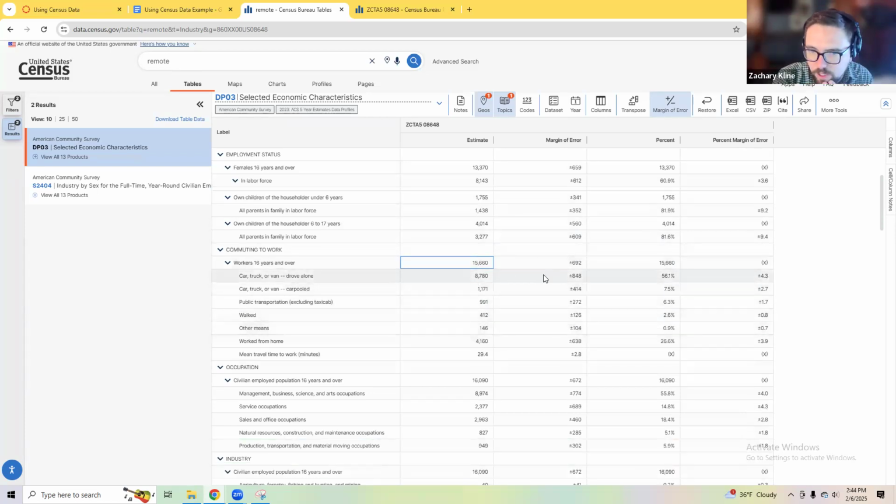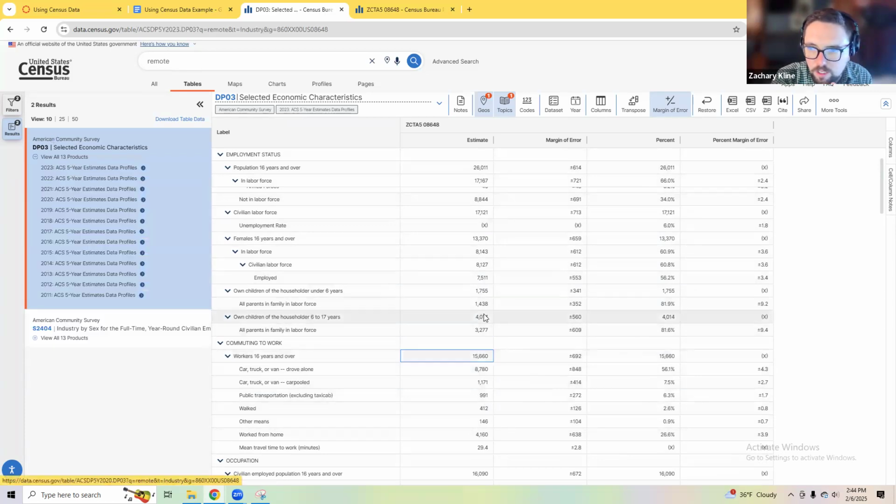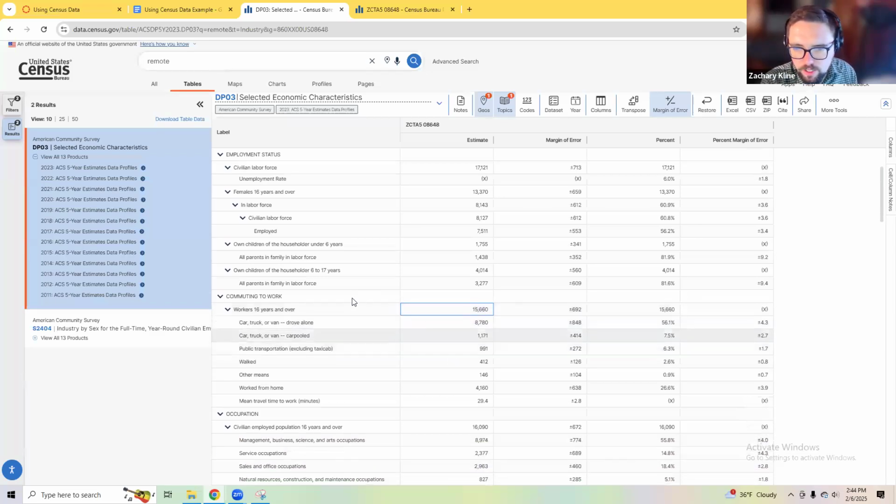It also might just be a difference in the survey that this was asked in. This might be from the 2023 data. All right, so there are 15,660 workers who are 16 and older, and there are 4,160 of them that work from home.